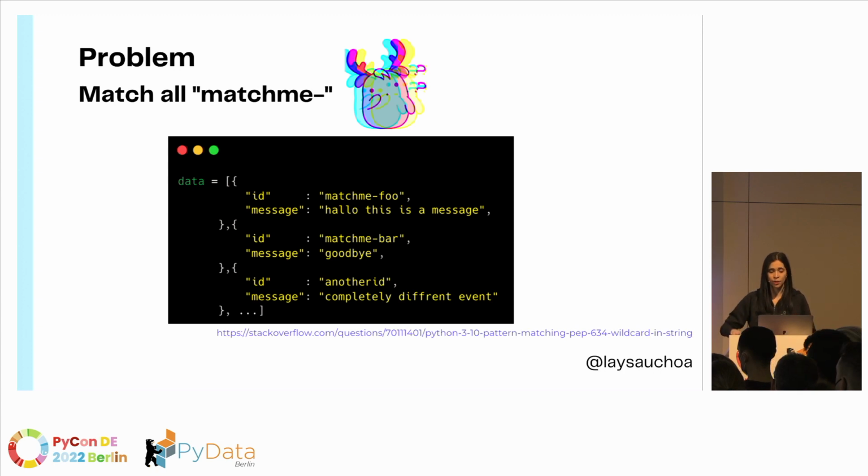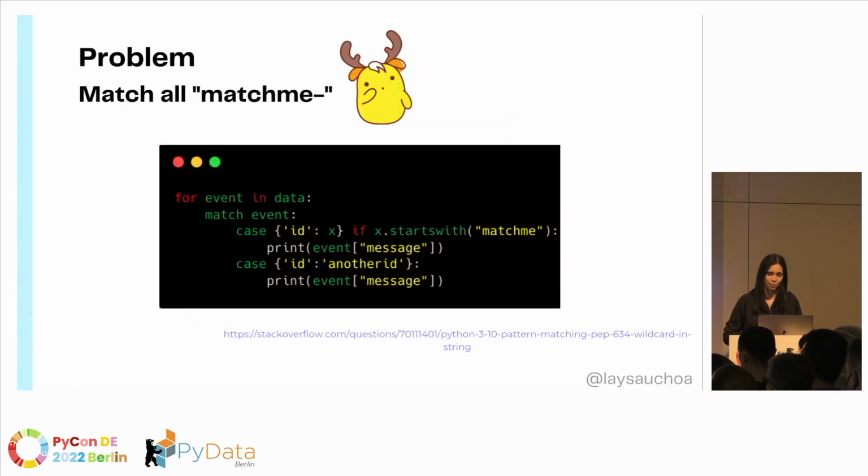And I want to find all the matches that have matchme. So this was the question. Can you do this with pattern matching? The answer is yes. Imagine I say no, right? And then we move forward. No, the answer is yes. So I'll show you how to solve this question with pattern matching.